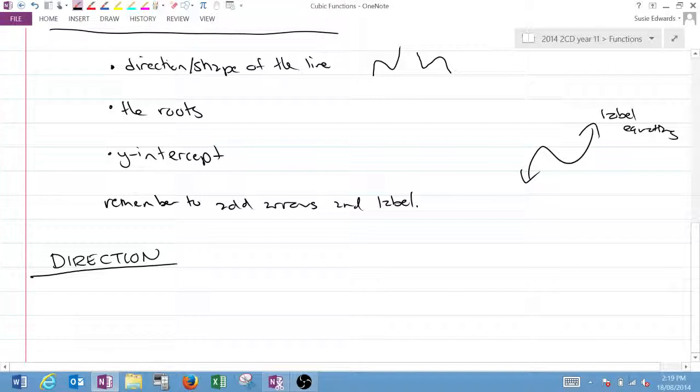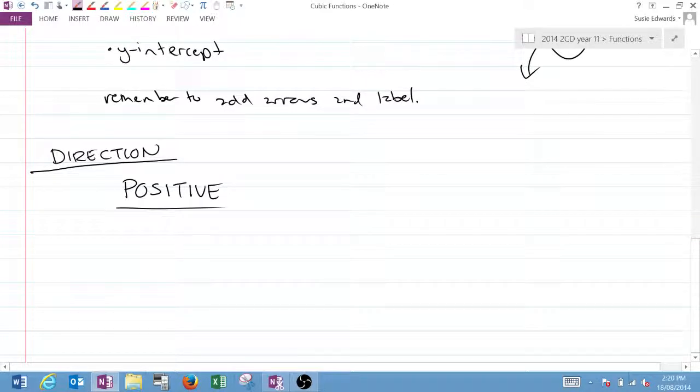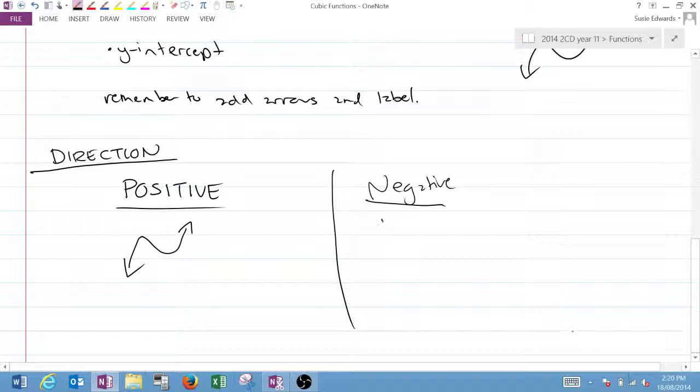To find the direction of the line, we've got positive and negative. So you've got a positive line. Now, a positive line goes in this direction. A negative line goes in this direction.